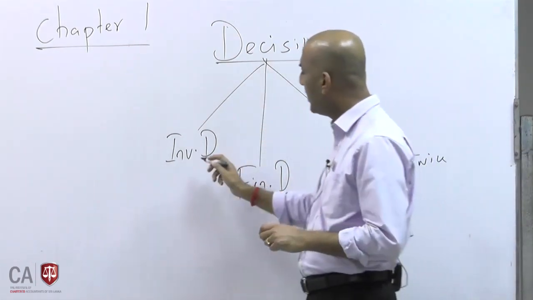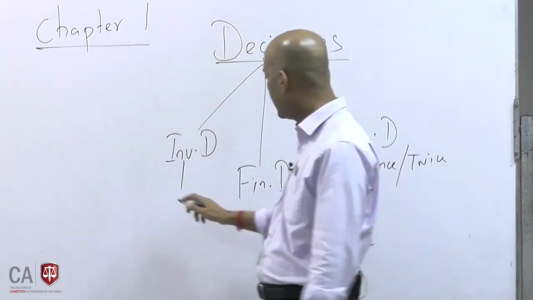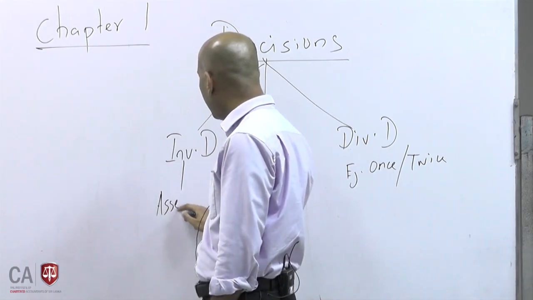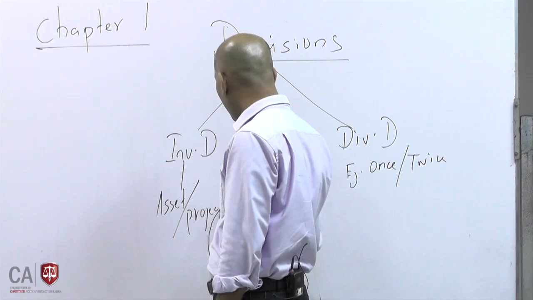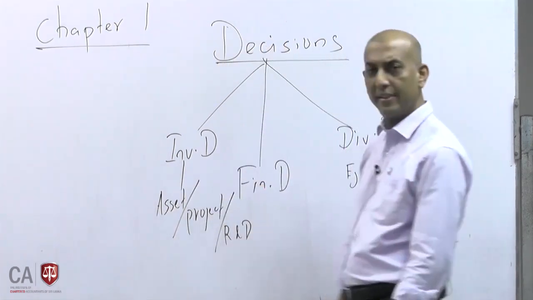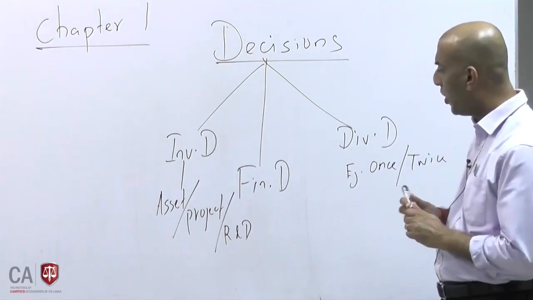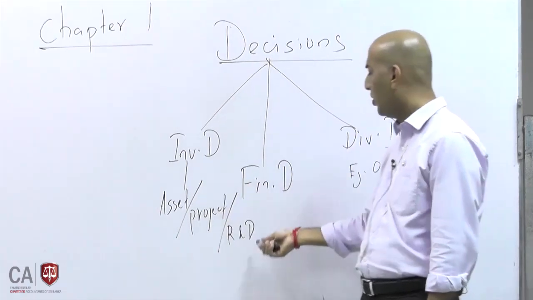So what is investment decision? Investment decision is about you investing in an asset or project, even research and development. It can be various things. So investment decision could fall into asset purchase, project investment or R&D.